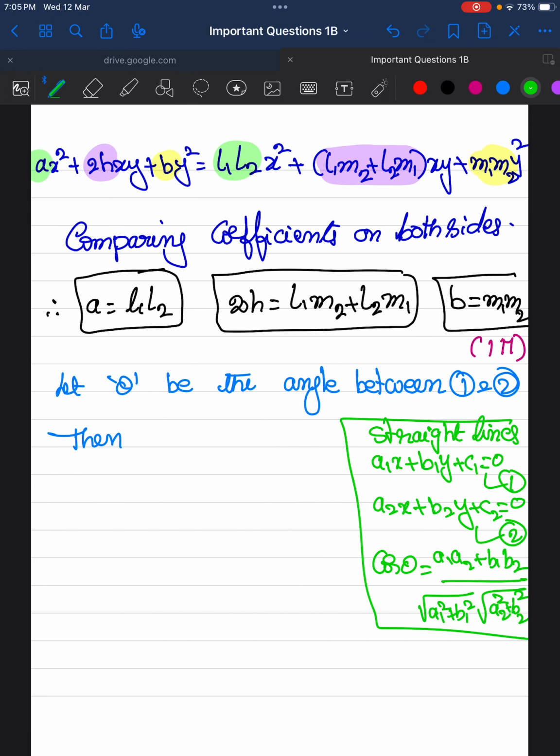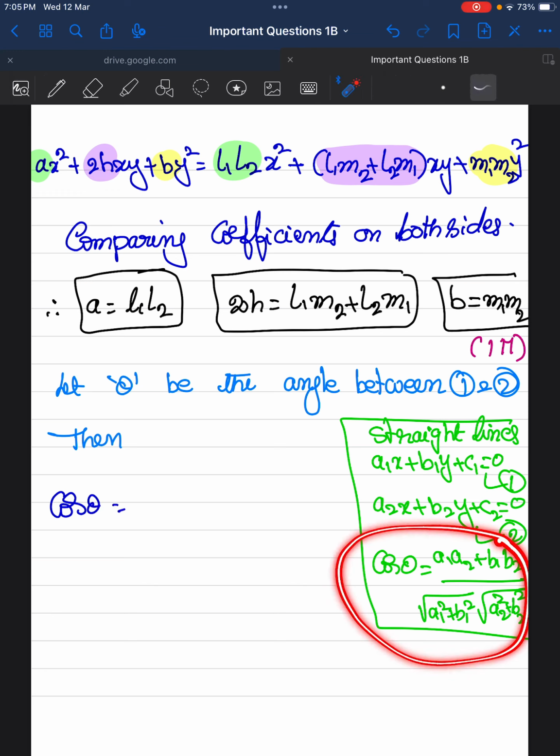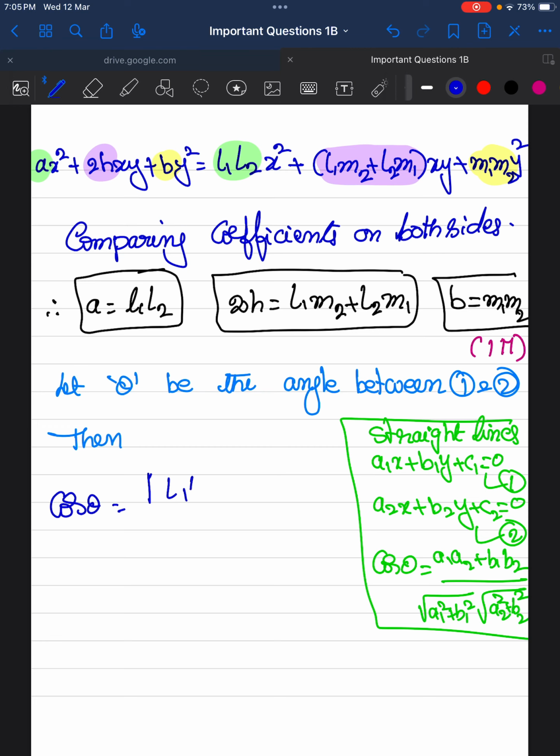All of you carefully observe that. Then what happens? Cos theta we need to write. What is cos theta? Cos theta is equal to, here the formula is, all of you observe, A1 A2 plus B1 B2. So we'll get L1 L2 plus M1 M2. So here I am writing modulus of L1 L2.